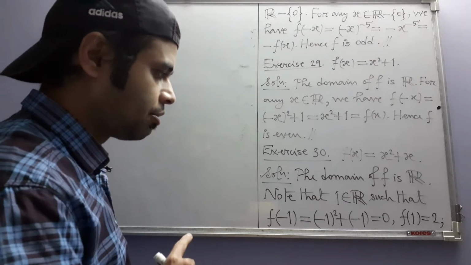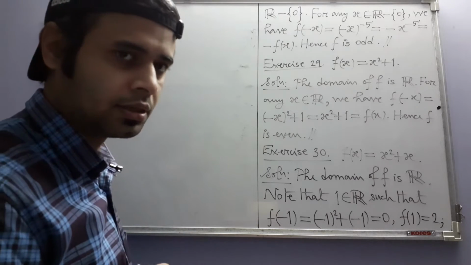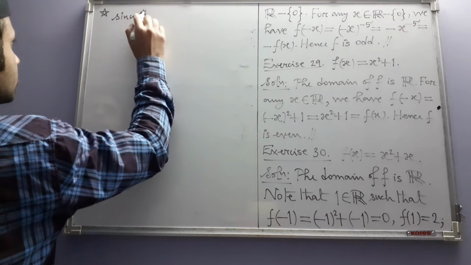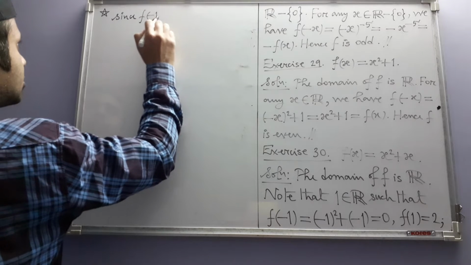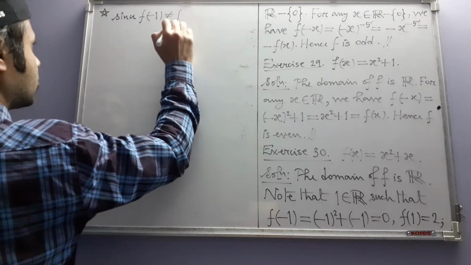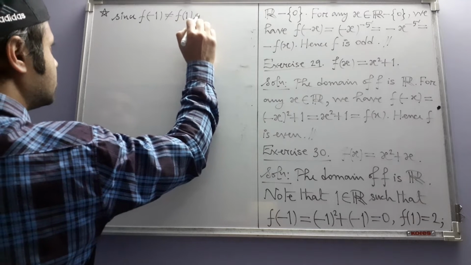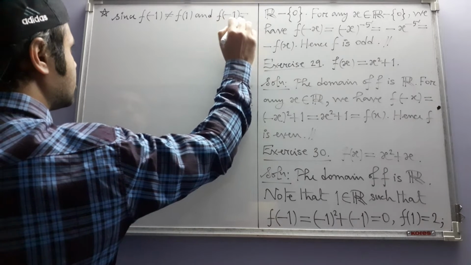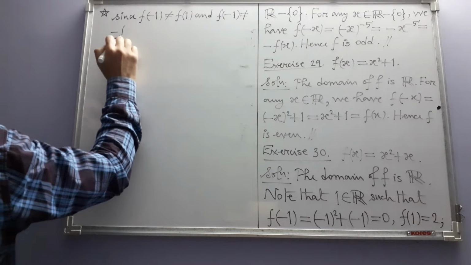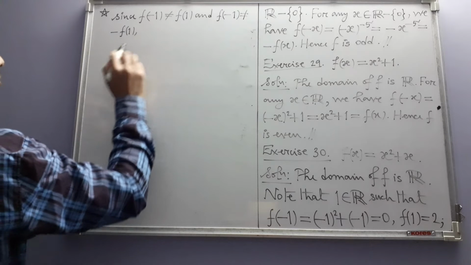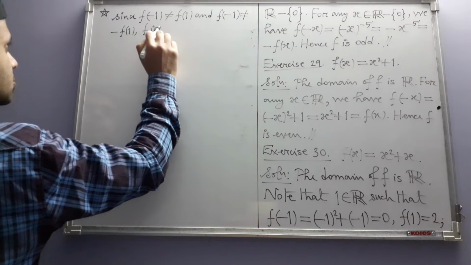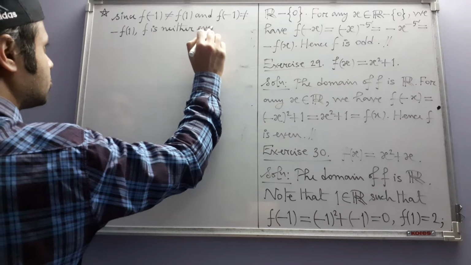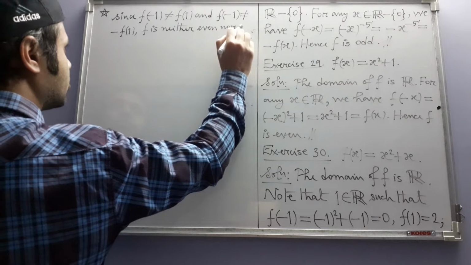Also they are not minuses of each other, since f of minus 1 is not equal to f of 1, and at the same time f of minus 1 is also not equal to minus of f of 1. f is neither even nor odd.